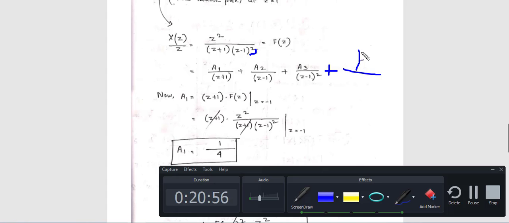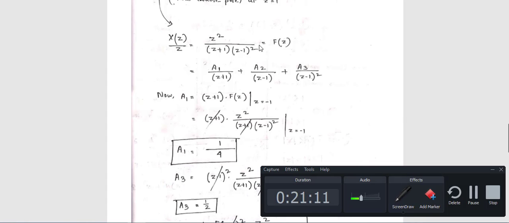It will be a4 by z minus 1 cube, like this. So I have highest order 2, that's why a2 by z minus 1 plus a3 by z minus 1 whole square. This is your function.